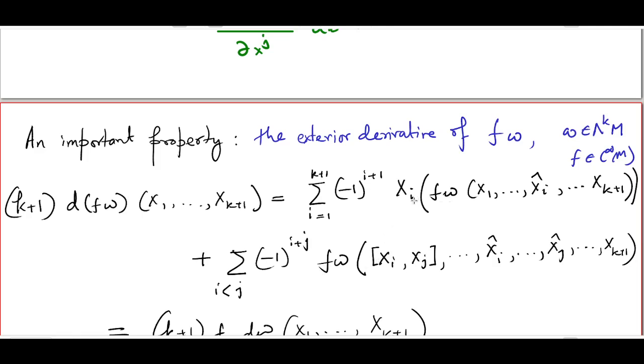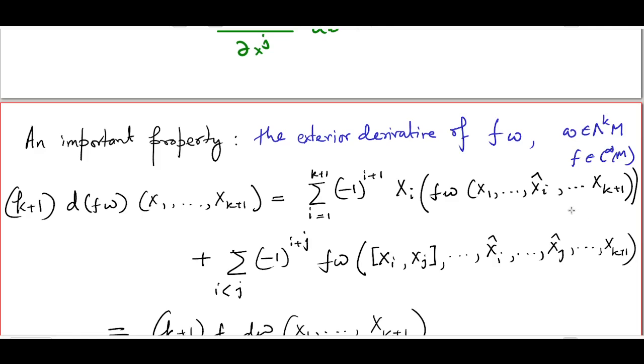Now, it's very easy to see that this term is f times what it would have been if omega had been there alone. However, there is a bit of a problem with this. This is xi acting on the function f times the function given by omega acting on this bunch of arguments.